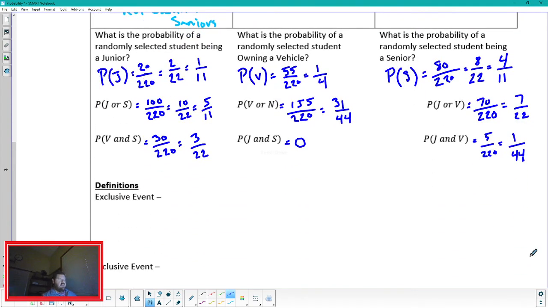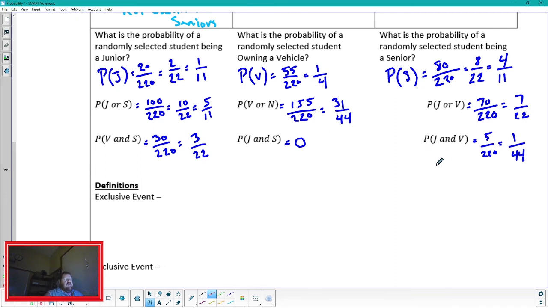Okay, now in this we came up with a couple that were special. We talked last time about independent and dependent. And those came up when we had AND scenarios. So it kind of happens in these two.